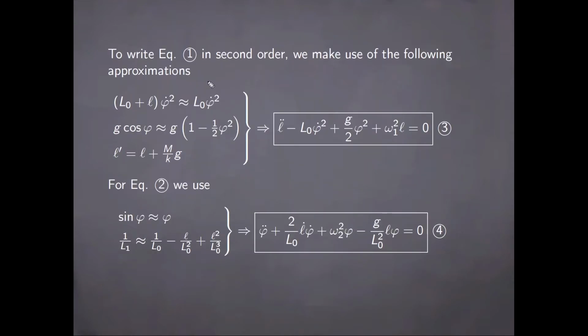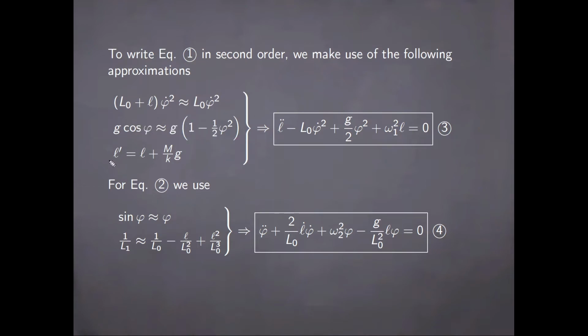Now, to write the radial equation in second order, we make use of the following approximations. The quantity here reduces to L0 times phi dot squared, because the product between this and this would be a third order term. G cosine of phi is given by the expression here, which is just the second order Taylor expansion of cosine of phi.